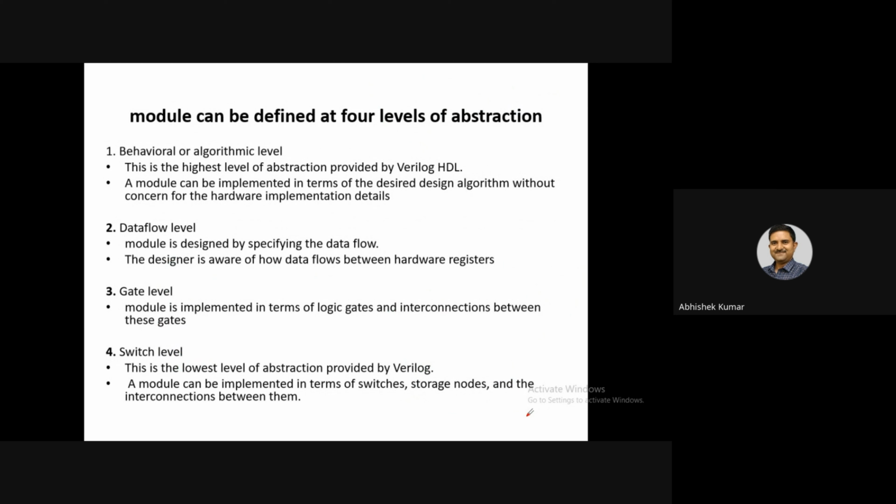Now let's try to understand the difference between them. The behavioral model or algorithmic model is the highest level of modeling style or level of abstraction. Here we define the behavior of the circuit or behavior of the hardware. What is the meaning of it? How a system or circuit is represented, its behavior is to be modeled. Like if I want to design one NAND gate, its behavior will be according to the truth table: for 0 0, it should be 1, and for 1 1, it should be 0.